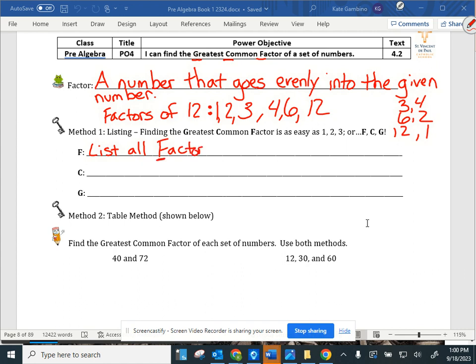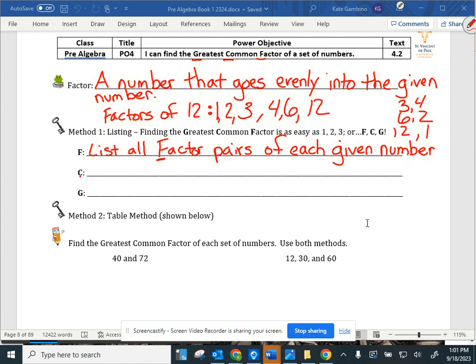So that's our F. List all factor pairs, those factor buddies, of each given number. So up top, I only gave us the number of 12. But if we're wanting to find the greatest common factor, we're going to have more than one number that we're looking at the factors with. So you want to list all those factor buddies, all the factor pairs of each number you're given.